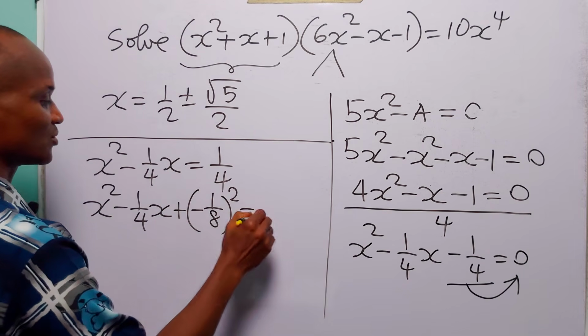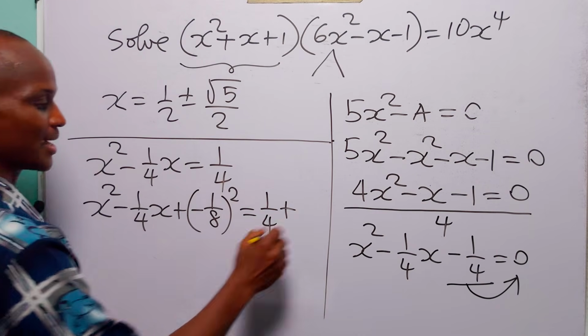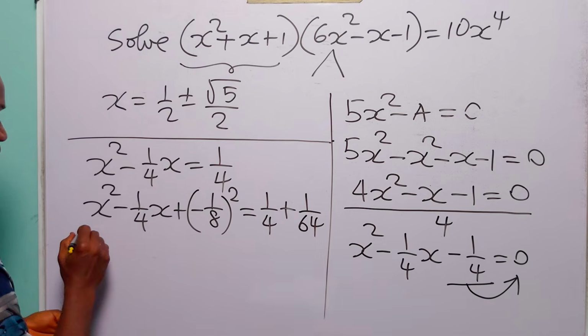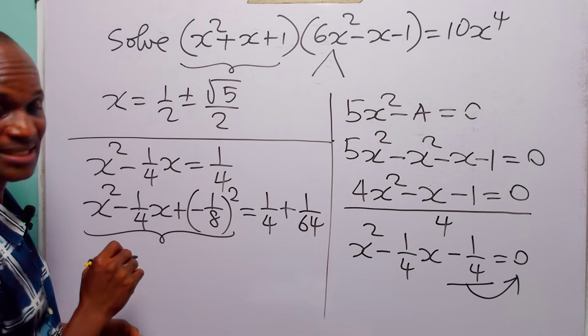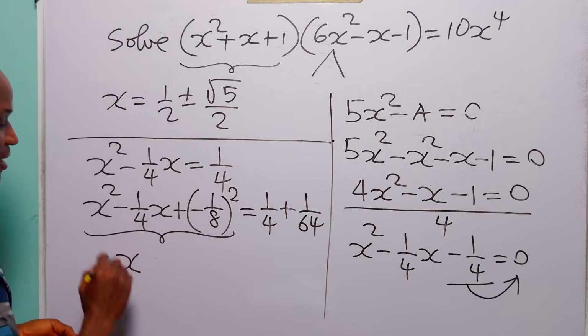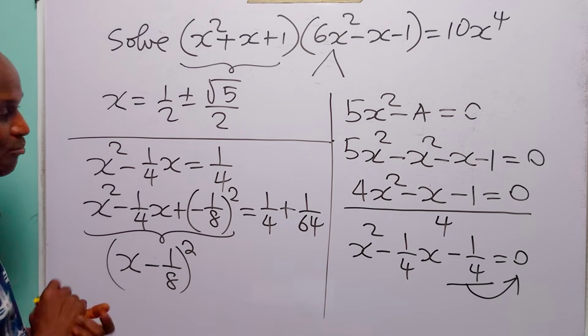This is equal to 1 over 4 plus 1 over 8 squared, which is 1 over 64. Now, you know that this is a perfect square. So we take 1x and we take 1 minus 1 over 8 and we square both.